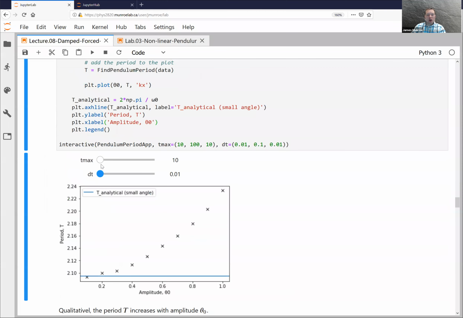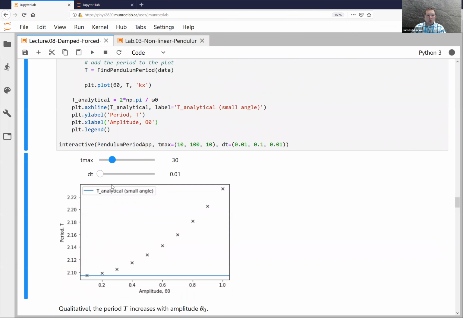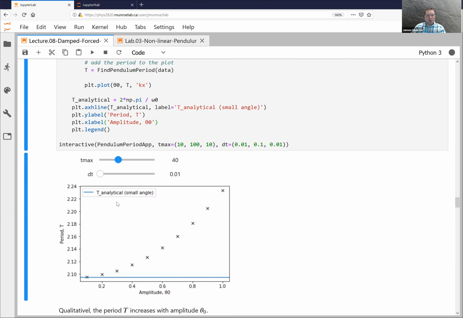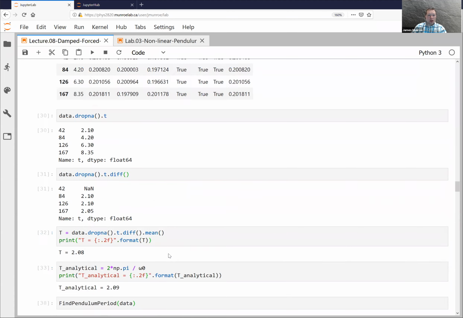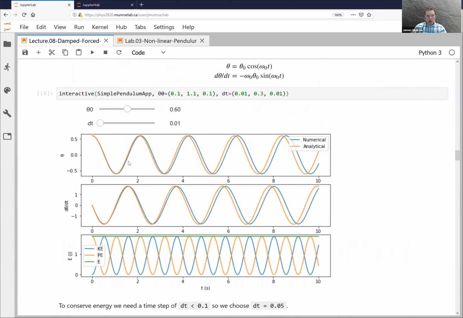So if we run this not for just 10 periods of time, but for 20 periods, or 30, or 40 periods, what I'm getting is the average period of a whole bunch of different oscillations. It's equivalent to running this model not just for 1, 2, 3, 4, but running it for, say, 40 oscillations. The more oscillations you have, the easier it is to estimate the period.